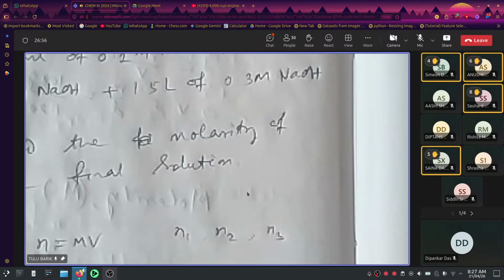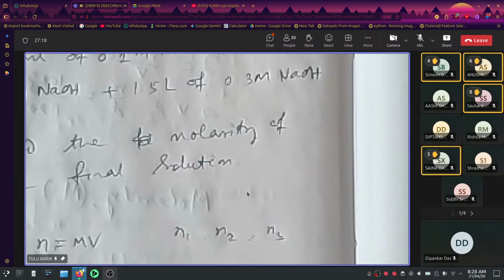What is the molarity for solution 2? 0.2, into volume 300 ml, which is 0.3 liter.